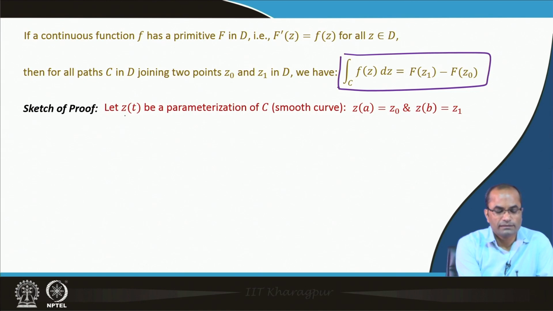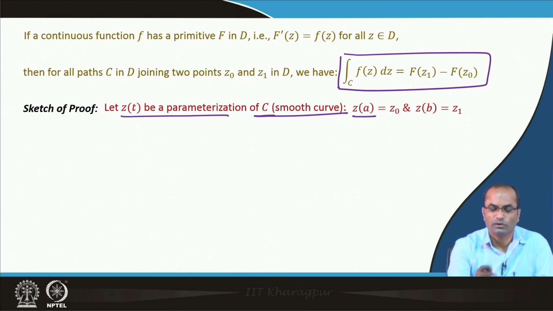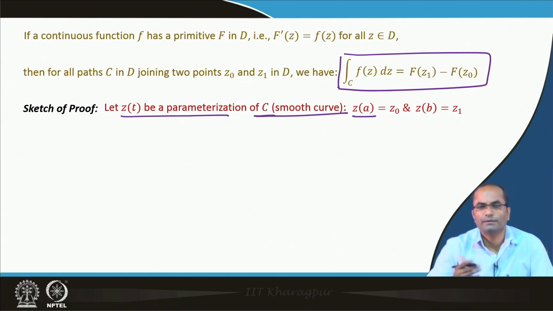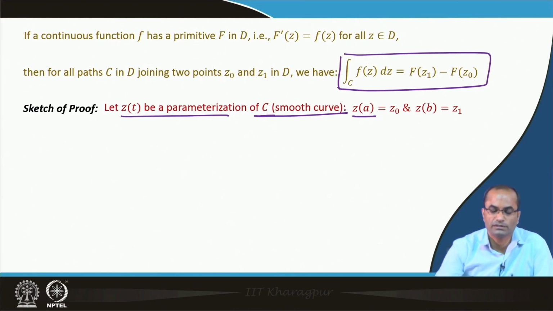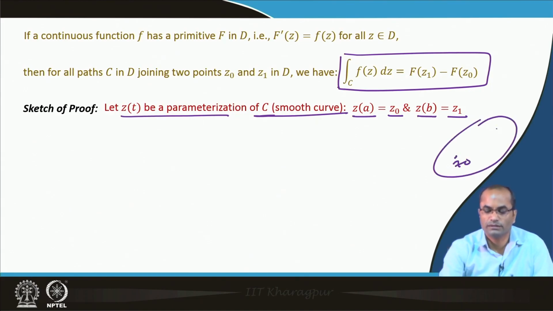Let us say z(t) is the parameterization of this smooth curve. We are restricting to smooth curves, but this can be done for piecewise smooth curves, for instance. So, z at a is the initial point z0, and z evaluated at b is the point z1. We have the two points in the domain, z0 and z1, and a parameterized equation for the curve; any curve you can take here is given by z(t).